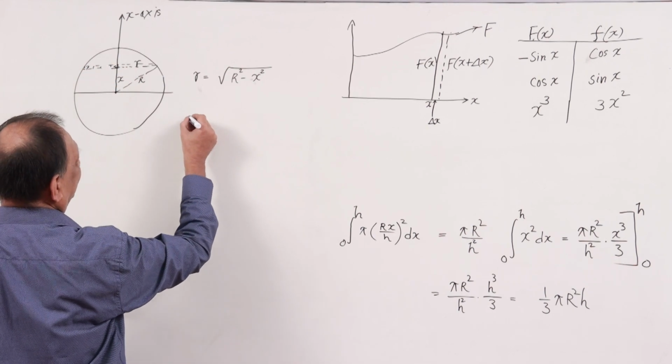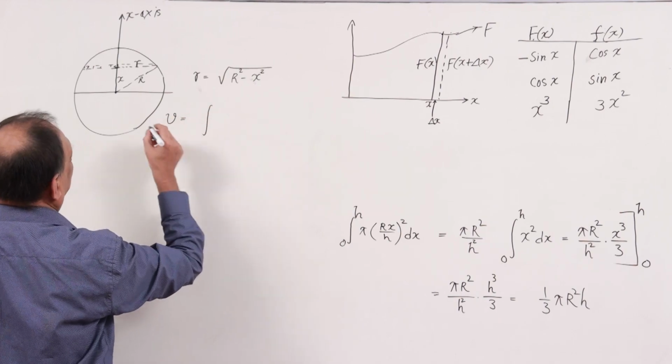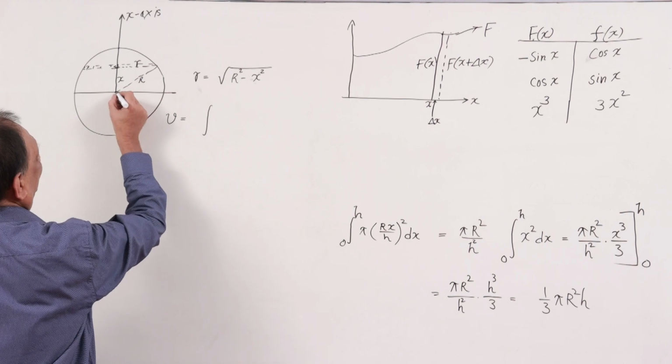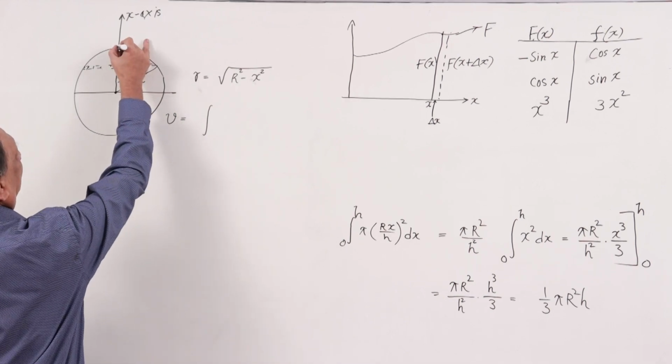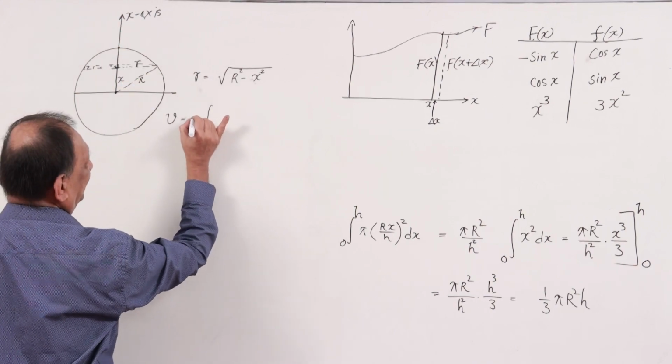So we just need to integrate. So what is the volume of the sphere? V is the integral with x varying from 0 till R. But then that gives you only the hemisphere, so I have to multiply by 2.